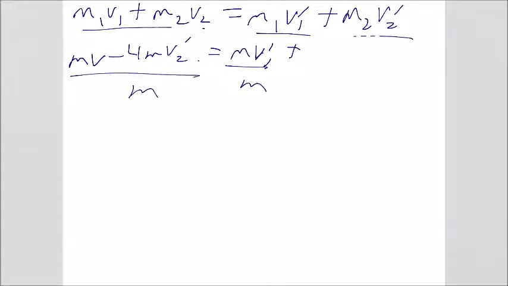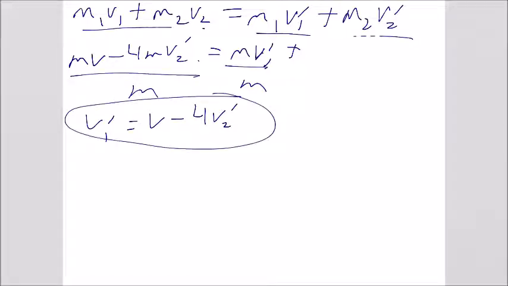And what that gives me is v1 prime is going to be equal to v, the original velocity, minus 4 times v2 prime. All right, so that's an important equation.